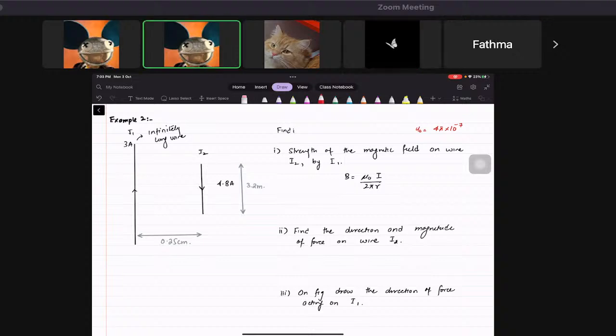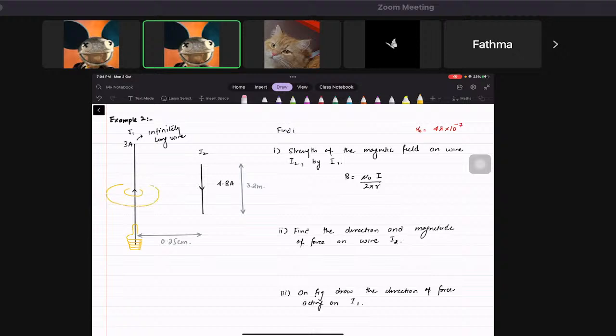So what we have done here, what she has done actually, is using the right hand grip rule. When you put your thumb like this and then grip it like this using your fingers, the magnetic field would be like this, in a clockwise direction.